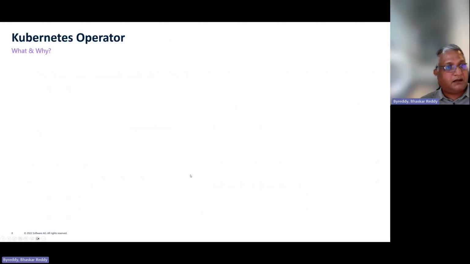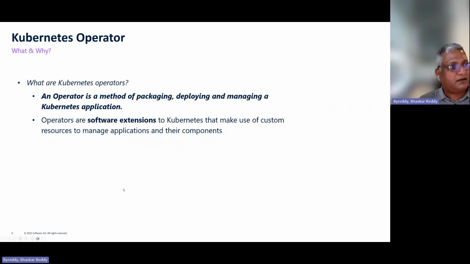Moving on to the next, what is a Kubernetes operator, and why does a Kubernetes operator make sense or is relevant in this discussion? A Kubernetes operator, like a Helm chart, is also a method of packaging, deploying, and managing Kubernetes applications, or applications that can be deployed on Kubernetes.